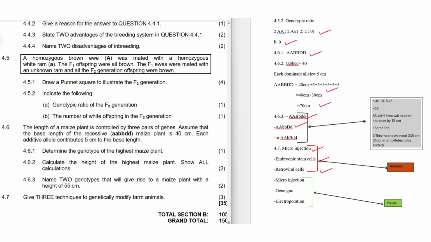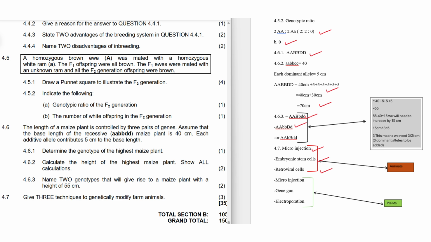Or we can have capital A, capital A, small b, capital D, small b. But as long as we have 3 dominant alleles in the genotype, then we should get it right.